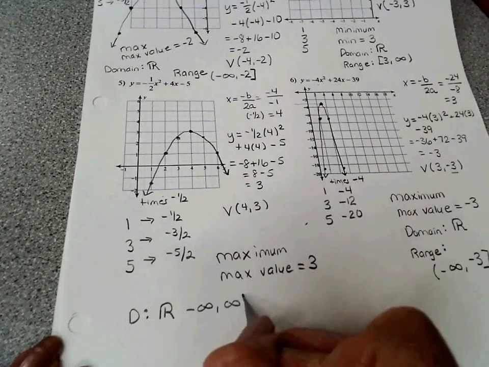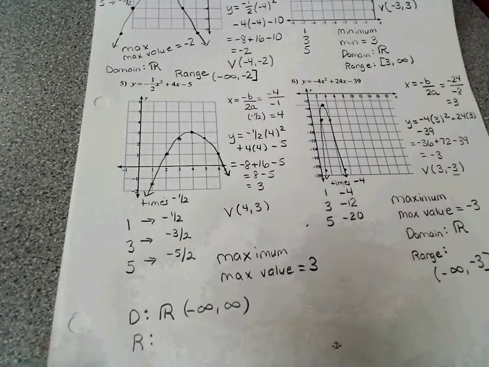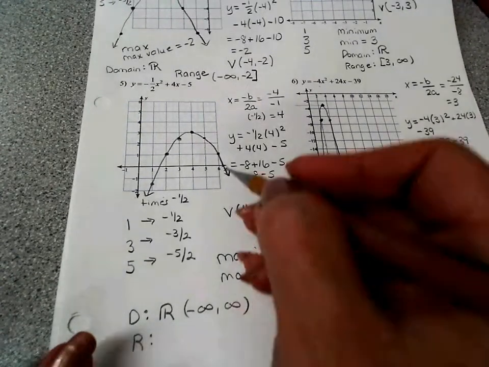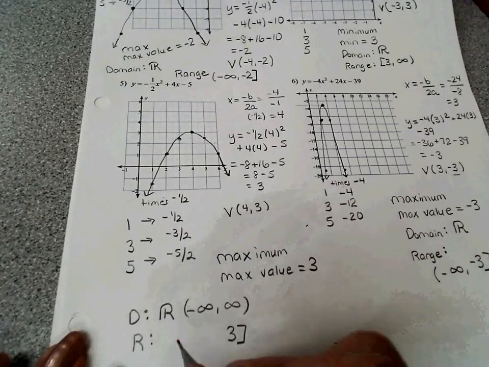And I know Derek likes to write it that way, and that is fine with me too. Range begins at the min and ends at the max, so the range ends at 3.